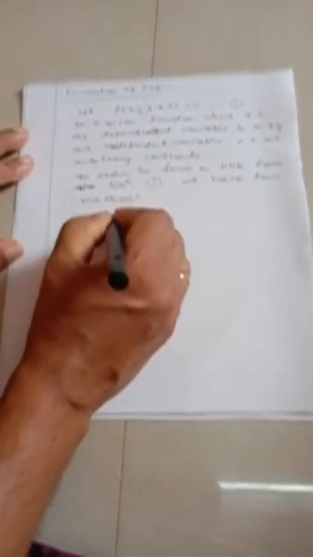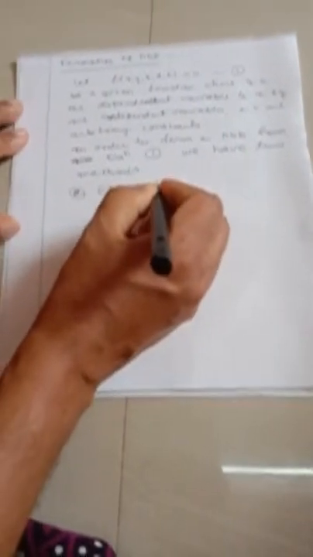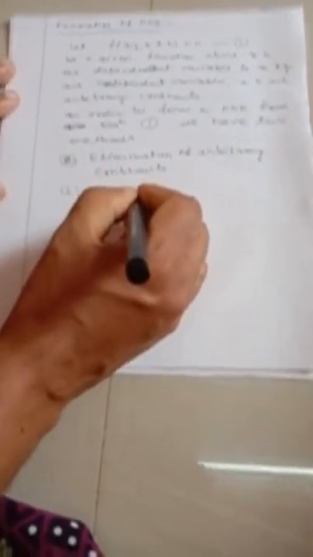One is elimination of arbitrary constants: we can eliminate the constants a and b and we can form a PDE. And the second one is elimination of arbitrary functions.